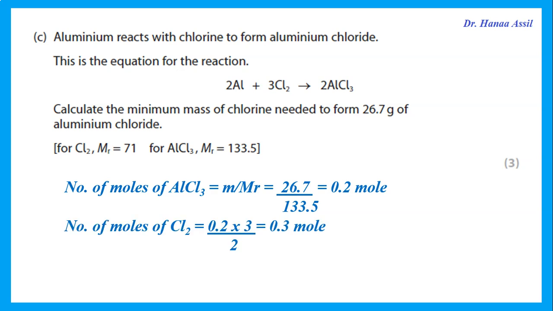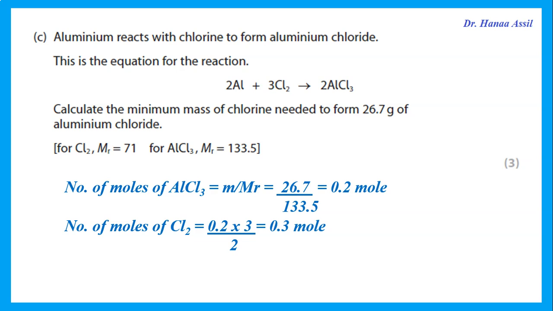We find that the equation says if we have 3 of chlorine, it gives 2 of aluminium chloride. So if I have 0.2 of the aluminium chloride, how much chlorine do I have? So it's 0.2 times 3 over 2. From the balancing in the equation, the number of moles of chlorine would be 0.3.